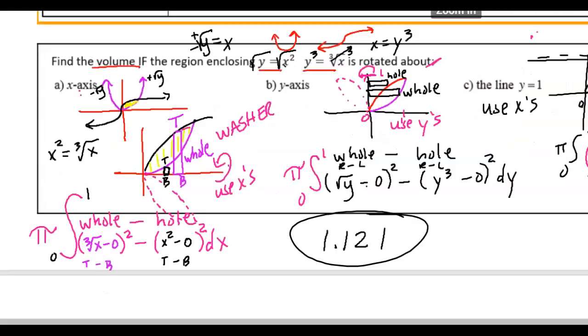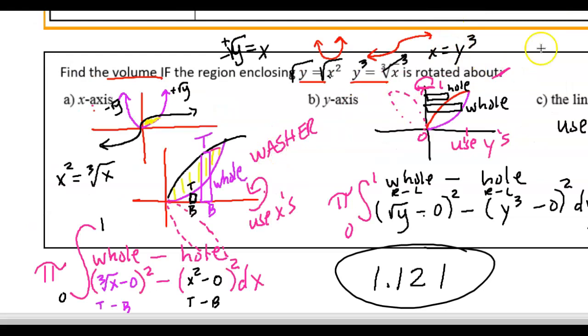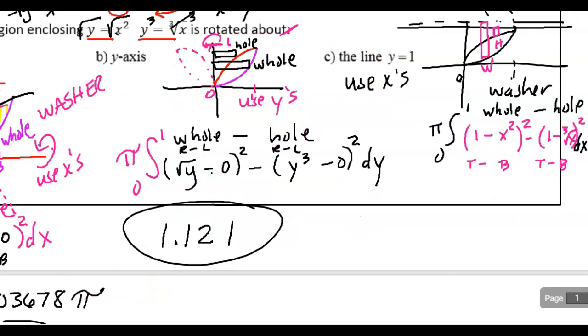Let's go ahead and make this bigger. All right, I wanted to zoom in. Okay, so we're just going to type all that in. So, pi math 9, 0 to 1. You will have to add an extra parenthesis. So 1 minus x squared, parenthesis squared, minus parenthesis 1 minus, you can find the cubed root under math.